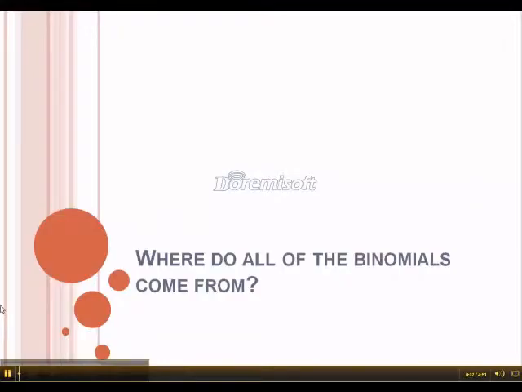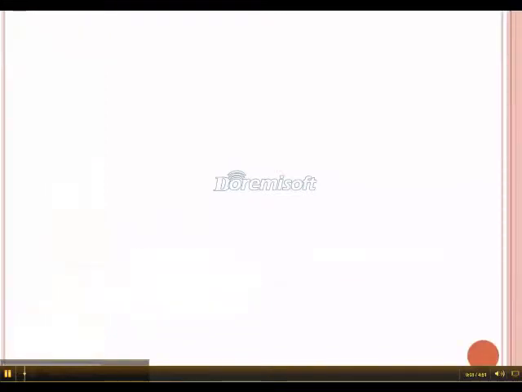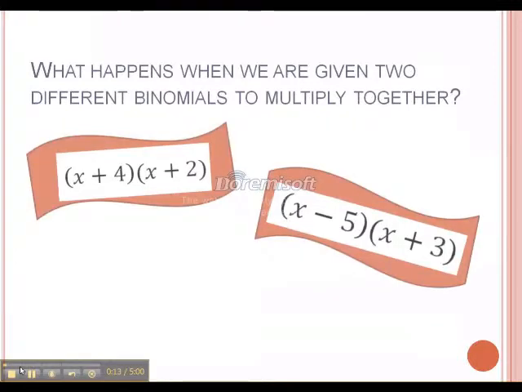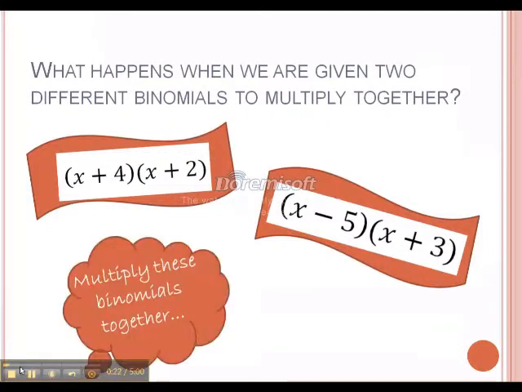Where do all of the binomials come from? What happens when we are given two different binomials to multiply together? For example, x plus 4 and x plus 2, or x minus 5 times x plus 3. I want you to pause this video and multiply these binomials together on a separate sheet of paper.